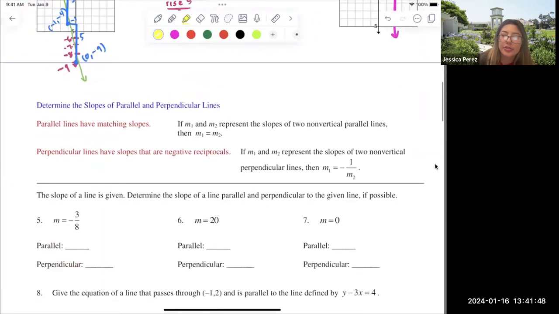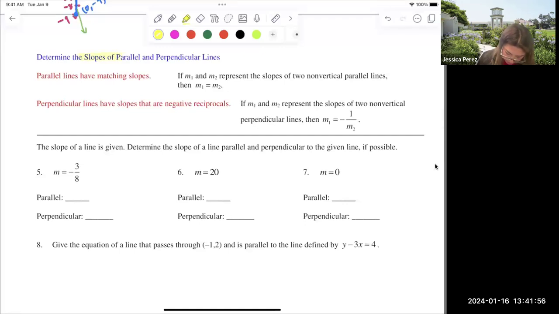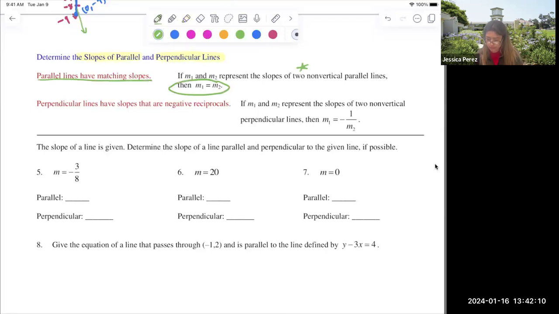Now that is in regards to graphing and slope-intercept forms. We are going to gradually move on to what happens with parallel and perpendicular lines. There's a special case when the lines are parallel and have matching slopes. This is key on m1 and m2 of two non-vertical parallel lines.